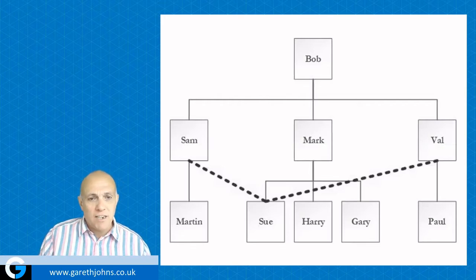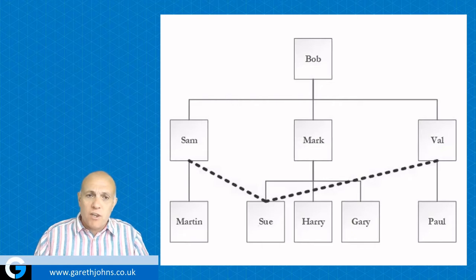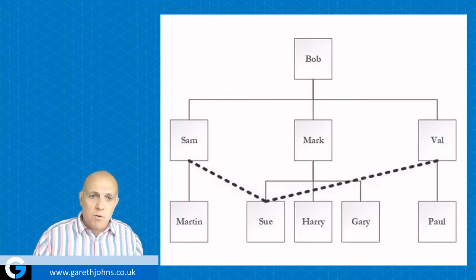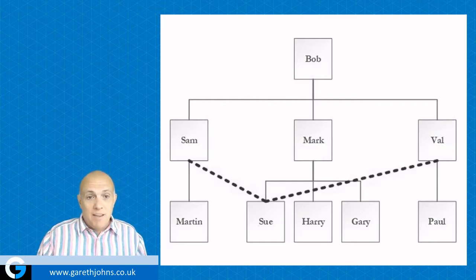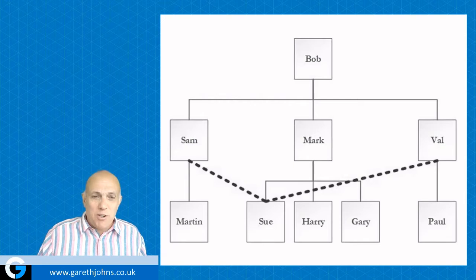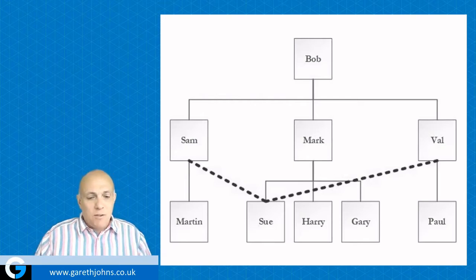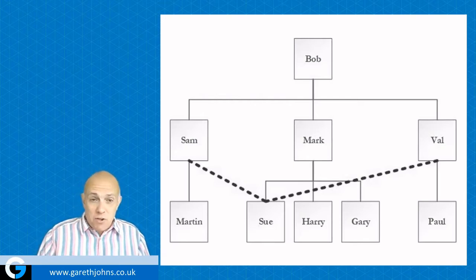So there's a dotted line that means that Sue has ended up working for 3 people. Although in theory she reports to Mark, she's also being called upon by Sam and Val, and all the while thinks that Bob's her boss. So the confusion that reigns in Sue's life leaves her with a job that she really wishes she didn't have.